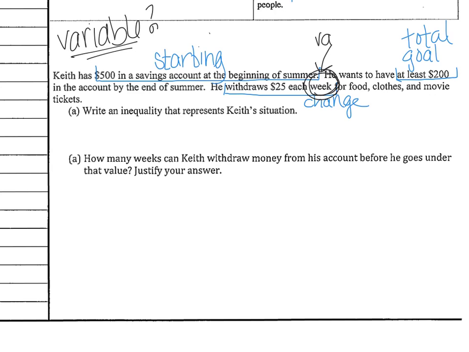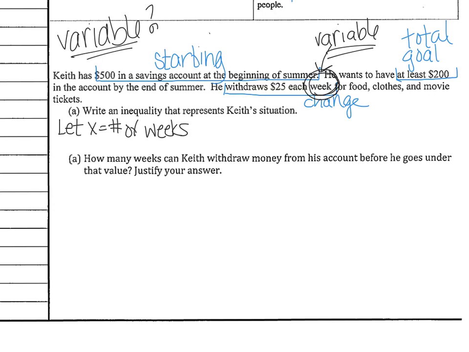So this is going to be my variable because it changes as time goes on. All right, so the number of weeks that has gone by is my variable. So let's do this. Let x equal the number of weeks.